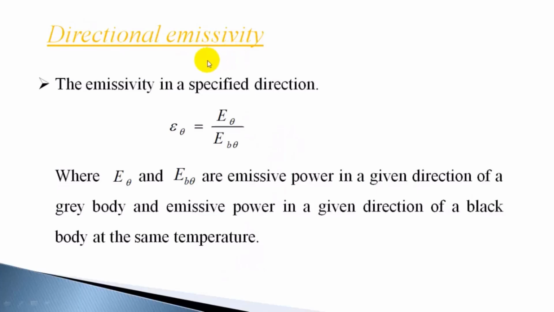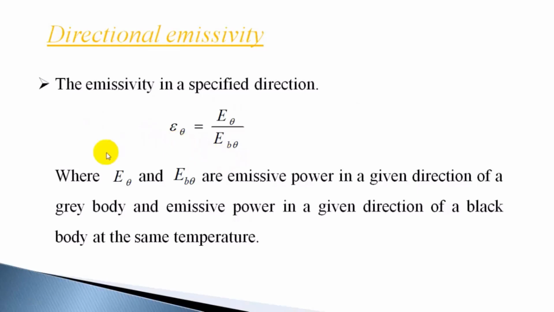Directional emissivity. This is a ratio of the emissive power of a body in a particular direction to the emissive power of a black body in the same direction. So you are taking a specified direction, and in that direction, you compare the radiation leaving per unit area per unit time of a real surface to the total radiation leaving in the same direction for a black body, and that will give the directional emissivity.